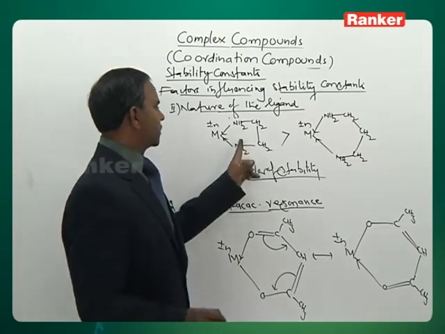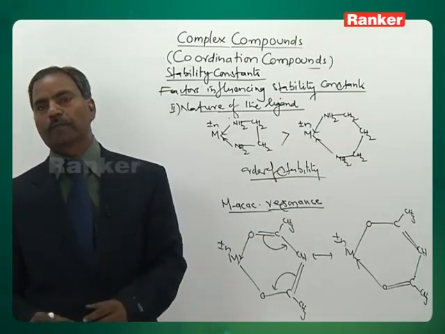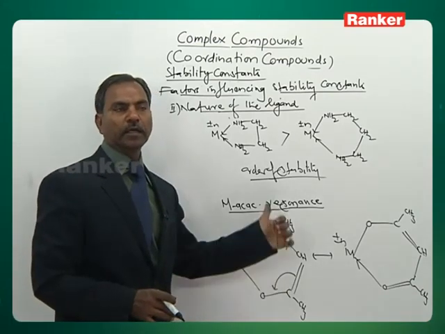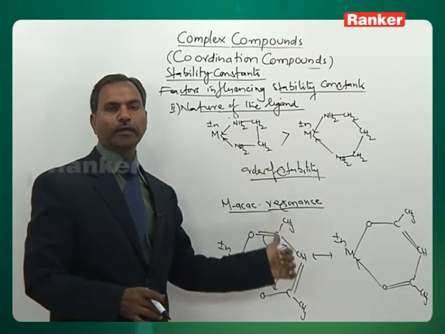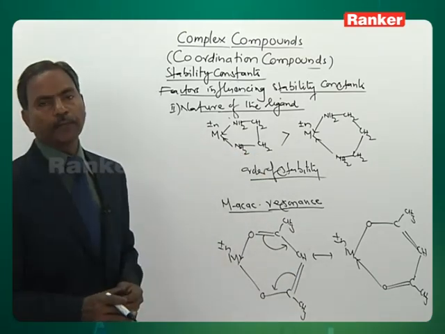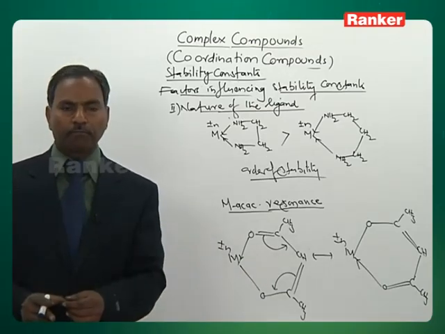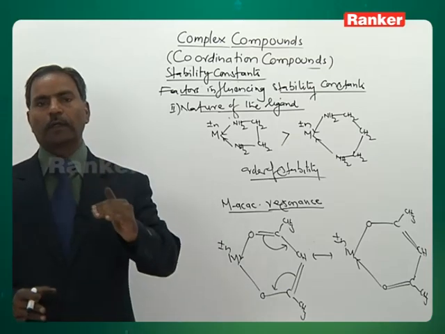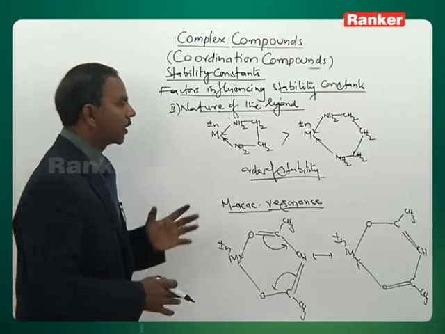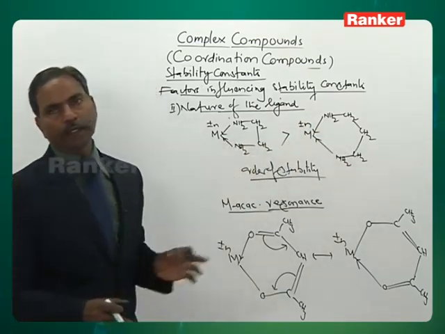See, a 5-member ring is more stable than a 6-member ring, provided both the rings are saturated. But a 6-member ring is more stable than a 5-member ring, provided the 6-member ring is unsaturated and a resonance hybrid. Therefore, we compare M(en) and M(tn): M(en) is more stable.